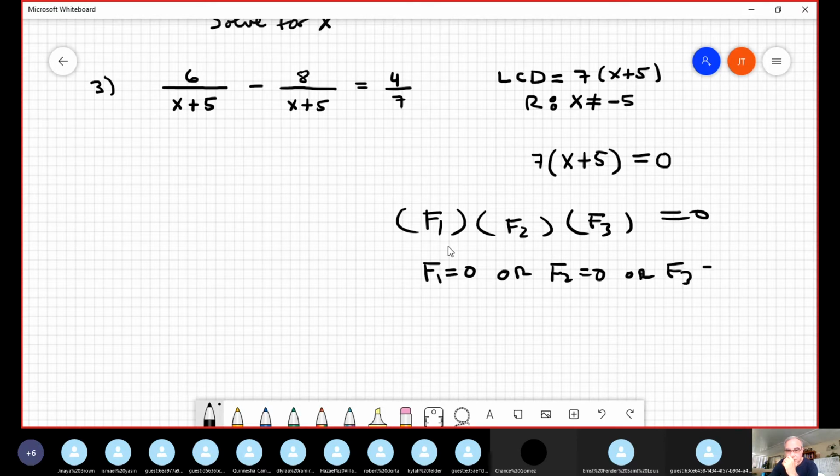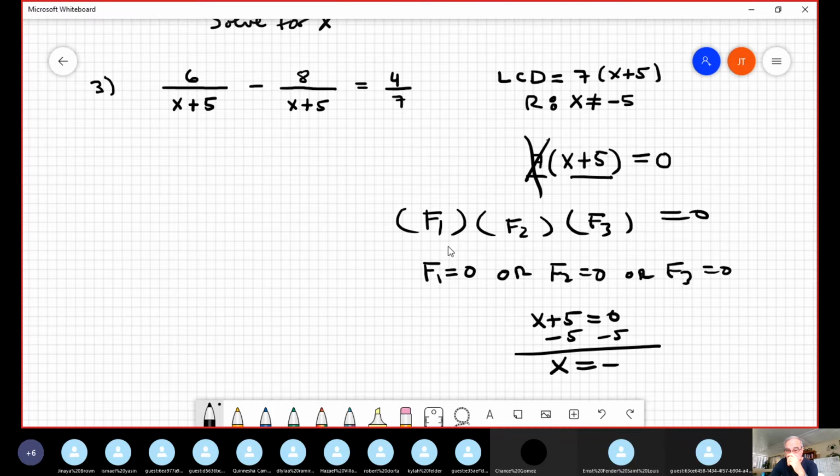But in this case, we have 2 factors, 7 and x plus 5. But 7 is impossible to be 0. 7 is 7. That is the reason I delete mentally this. And you copy only x plus 5 equals 0, subtract the 5 from both sides, x equals negative 5.